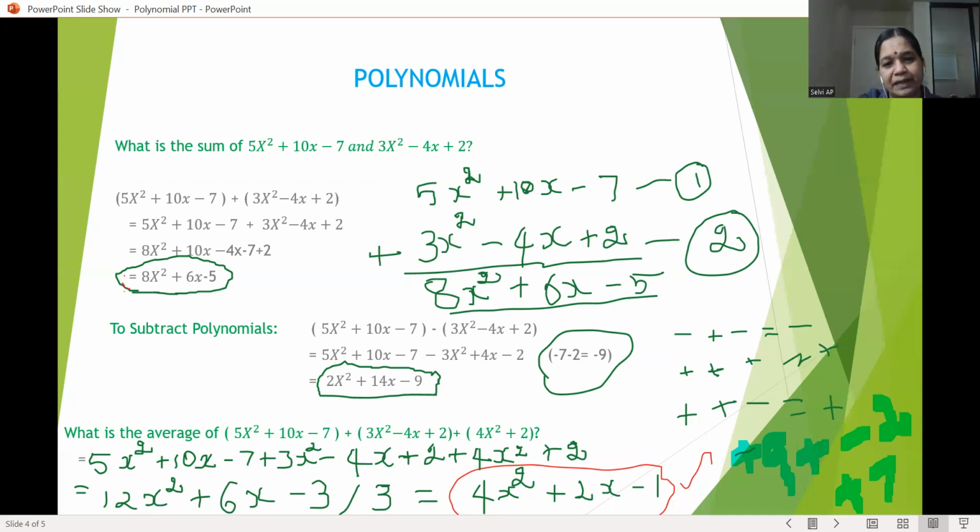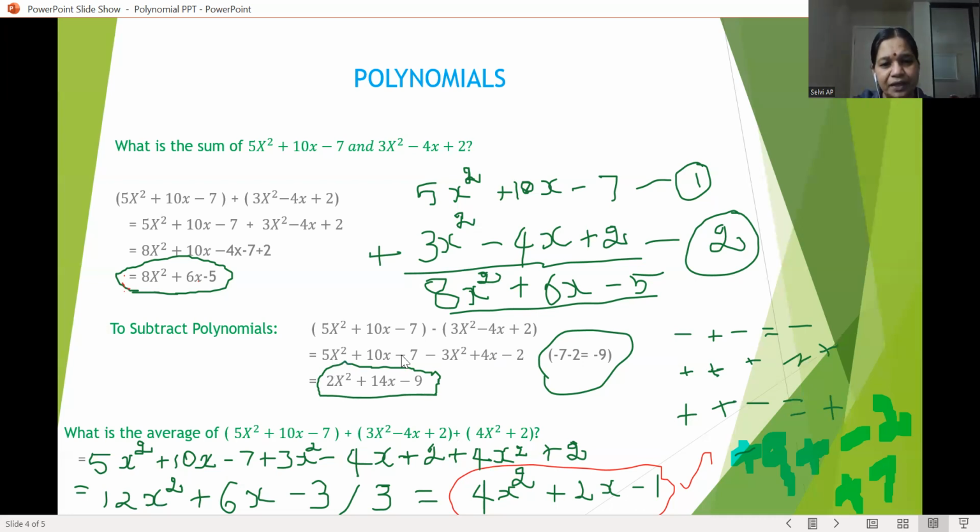So here minus into plus 3x² gives minus 3x², minus into minus 4x gives plus 4x, minus into plus 2 gives minus 2. Okay, you got it? Minus into minus plus, plus into plus plus, plus into minus minus.